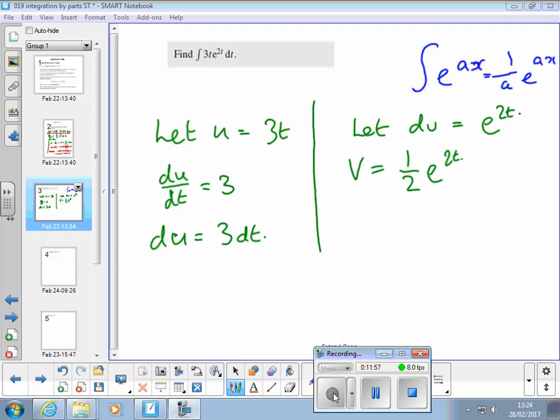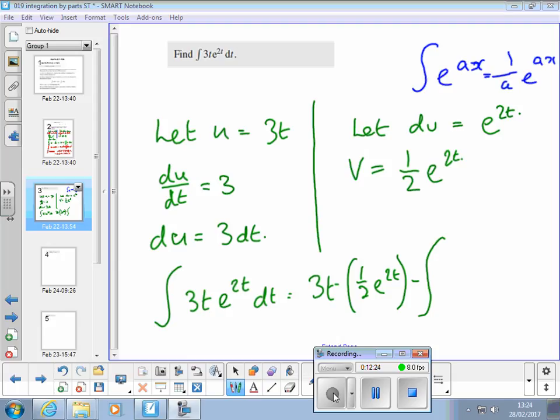So substituting in, we have the integral of 3t e to the 2t dt is equal to u, 3t, times v, half e to the 2t, minus the integral of half e to the 2t times 3 dt.